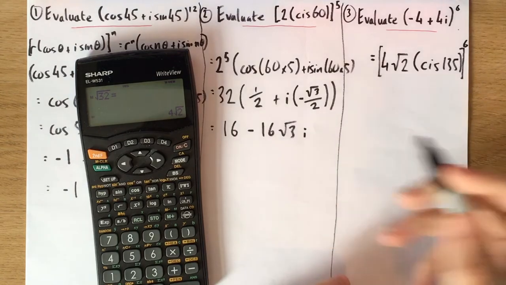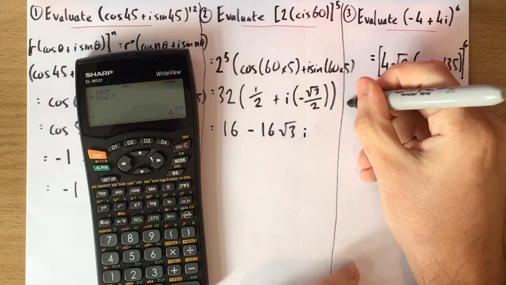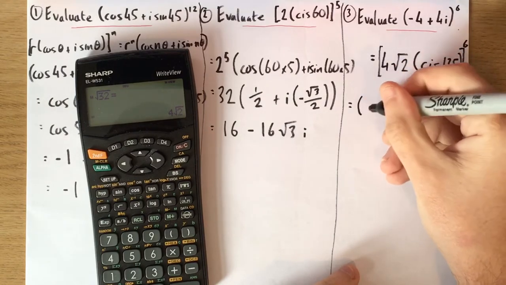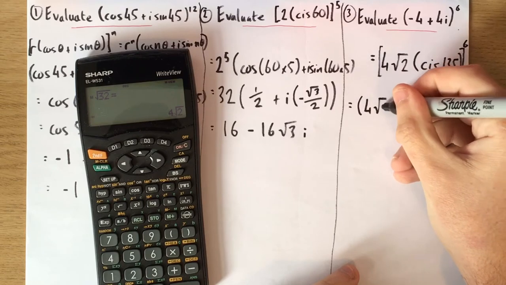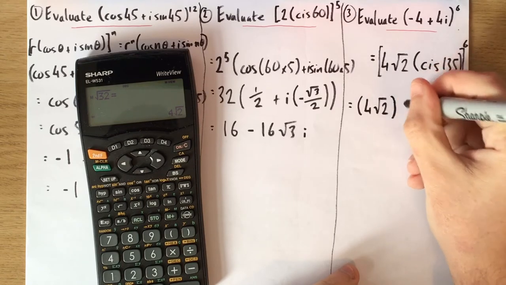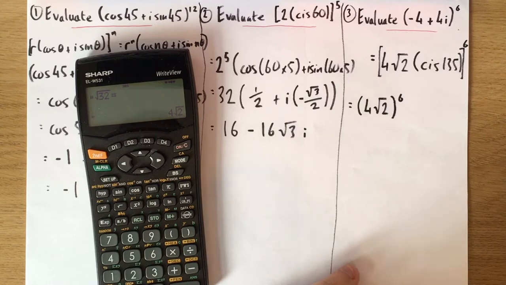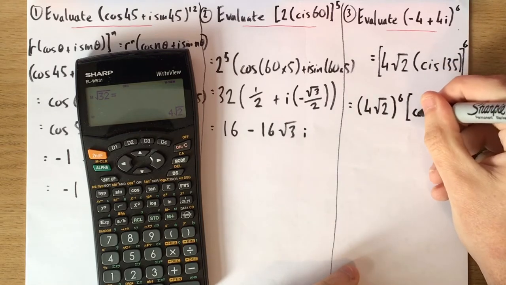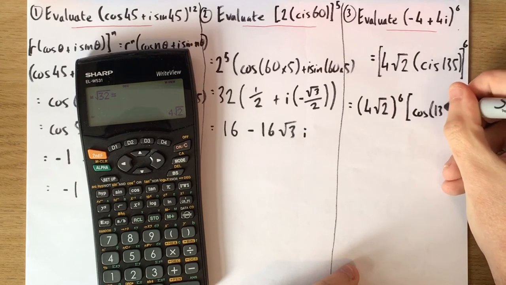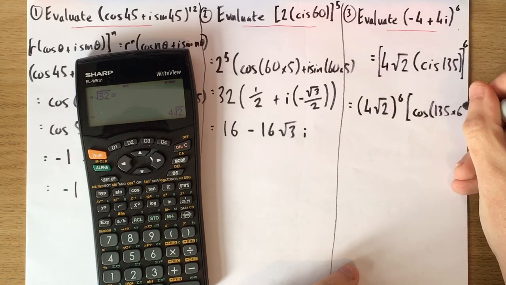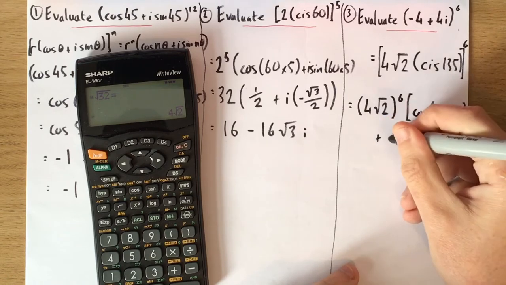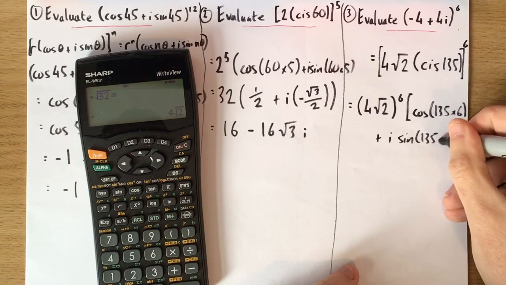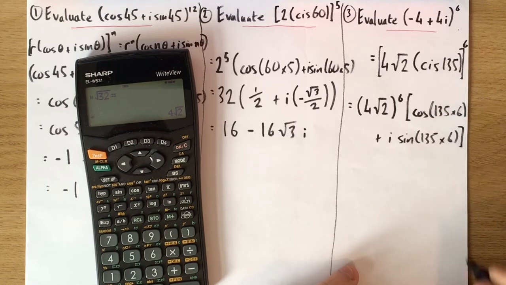So let's try. I might spread it across 2 lines here. So that's equal to 4 root 2 all to the power of 6 times the cos of 135 times 6 plus I sine 135 times 6.